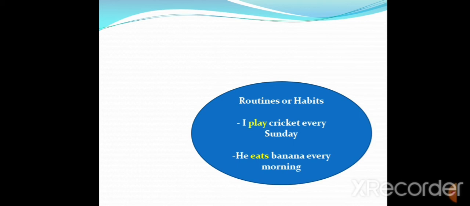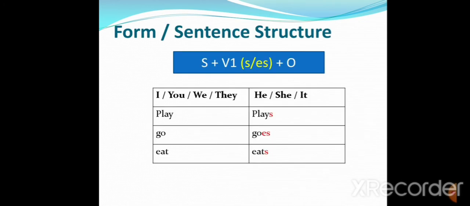It's because in present tense, like we discussed before, when the subject is I, you, we or they, then we use a verb without s or es. So you get play, go and eat.